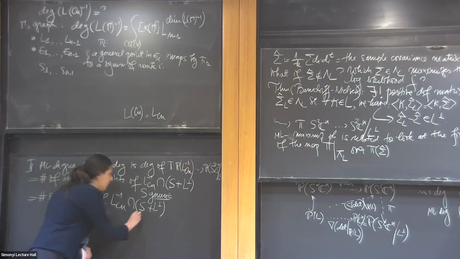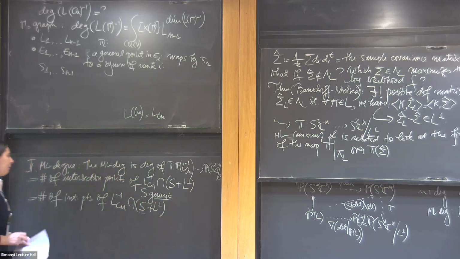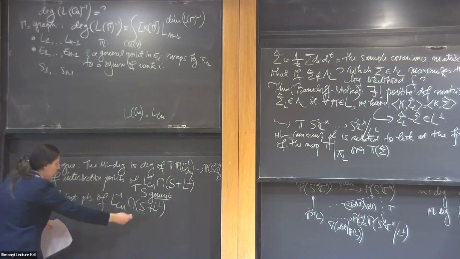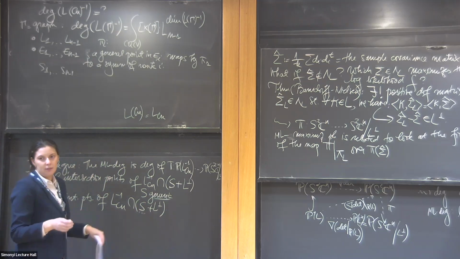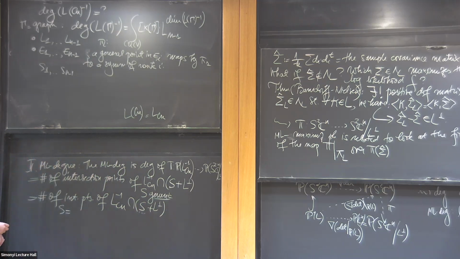I will not write this story, but this is what we want. So in particular, we would like to make a choice for S and then look at the intersection, see what points are there, whether the intersection is transverse, and so on. And the most natural choice, I suspect, would be to take the identity matrix.